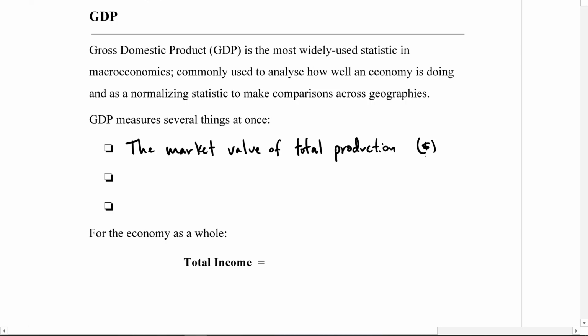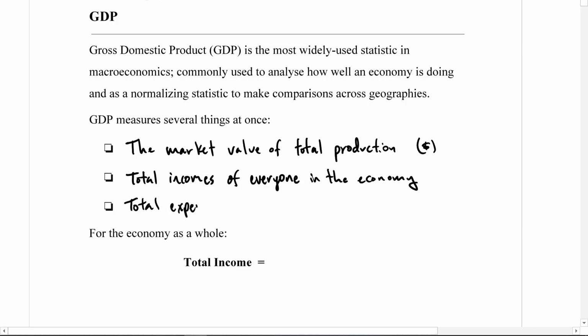It's also the total incomes of everyone in the economy. And it's the total expenditure on an economy's output.